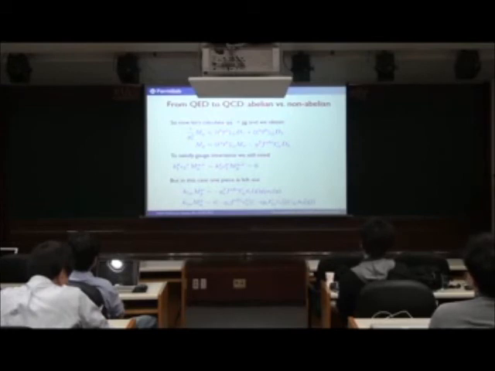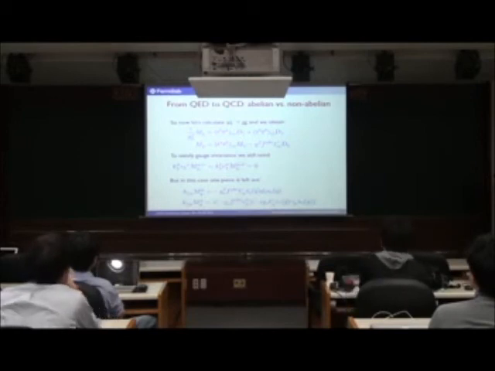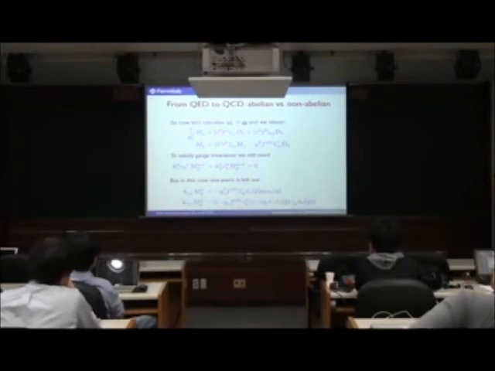So now if we just change the order of these, we get back exactly what we got in the photon case, but we have this extra term, the f^ABC term, which is because when we change the order of these, we get this extra term, the non-abelian aspect.